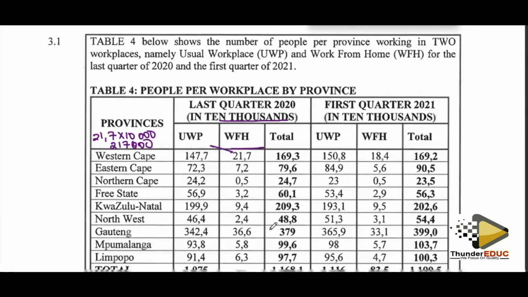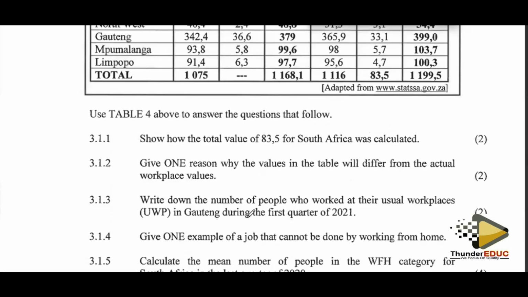All right. We come to question number 1. Show how the total. Now, the total we are looking at is this one here. Down here, it says total. Simply meaning, when you add all these values, what do you get? It's this. And if you add these two, you should get this.